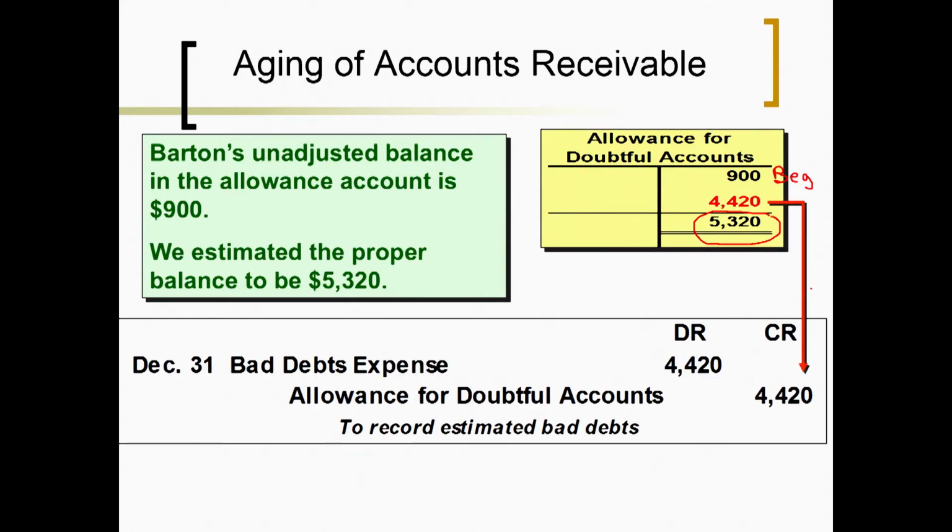We have to credit allowance for doubtful accounts for 4,420. Does this make sense? So we have to analyze the T account. It's still a percentage of receivable method. It's an aging of receivable, but it still has to do with that methodology. Are you with me? Questions on that, folks? I believe I have a homework problem for you to work on that.